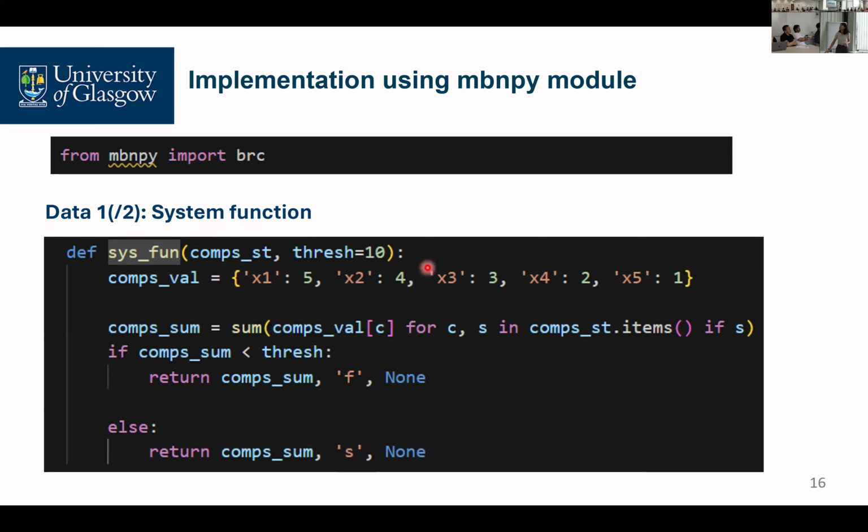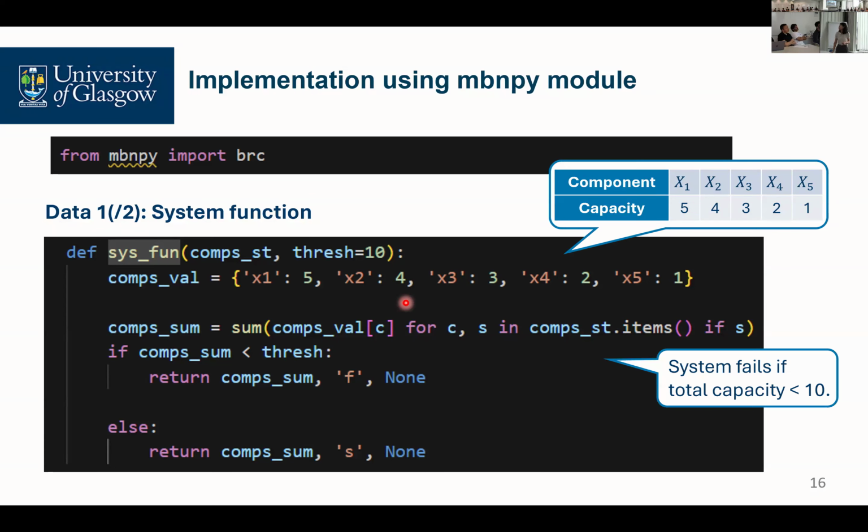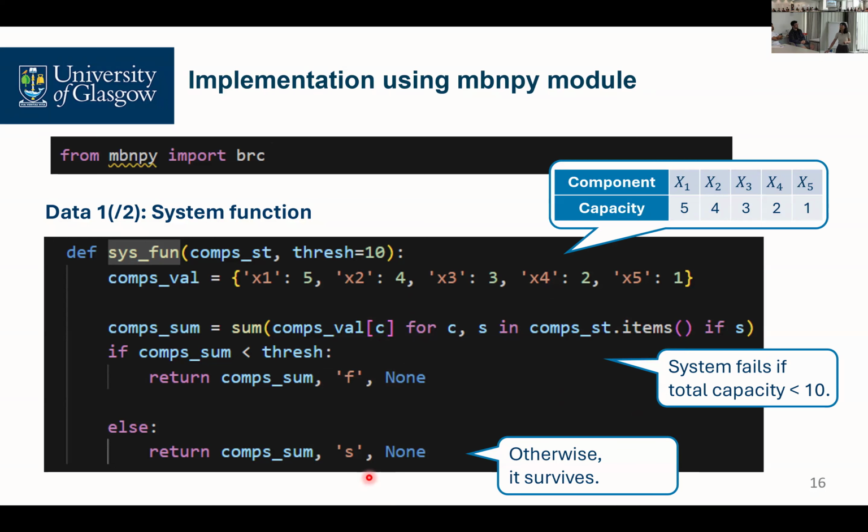For instance, in this case, we just came up with a random definition where there are 5 components with different capacities, and the system fails if the total capacity of the surviving components is less than 10. In that case, return failure, and otherwise the system survives and returns survival. These two outputs are optional. Without them, the function can still run.